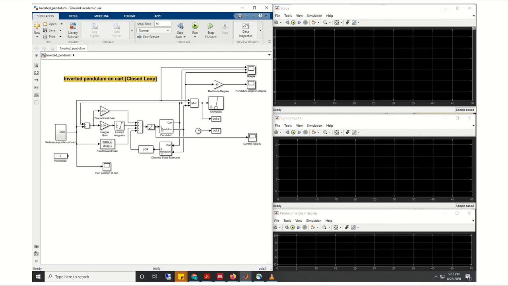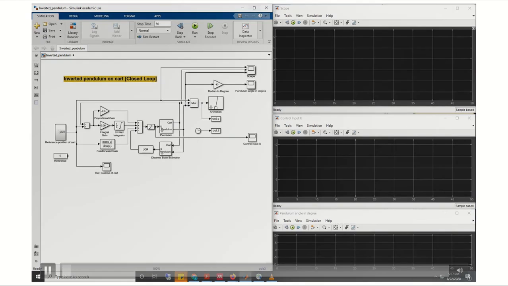Another example we will see. This is the cart pendulum, an inverted pendulum on a cart. This is an unstable system by nature. However, the first example that you will see has a closed loop controller, so it will be stable.